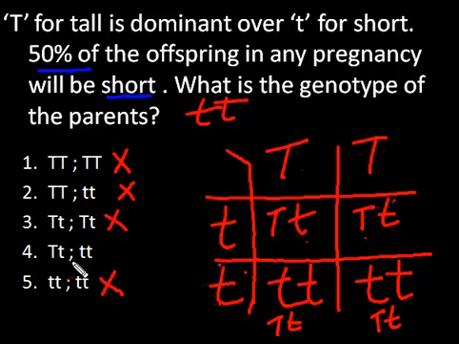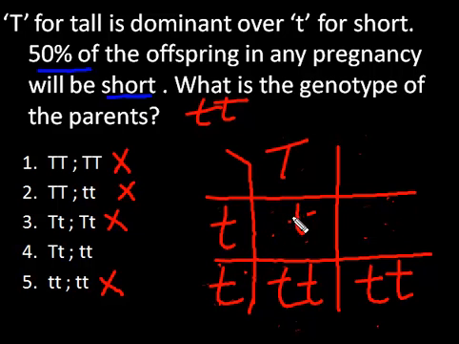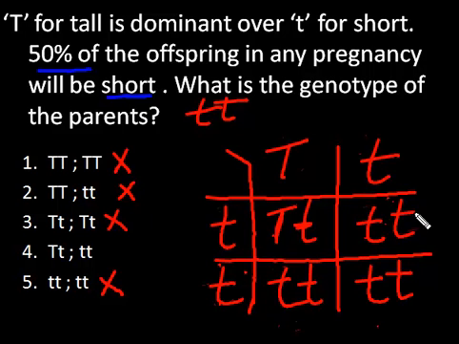So we can see that this is most likely the right answer, and let's work it out. We had that one parent is heterozygous tall and one parent is short, and let's see if we get 50% short.